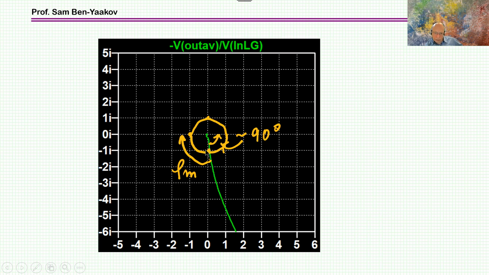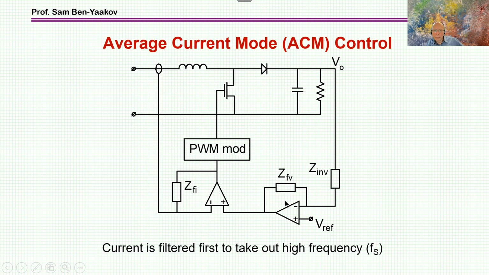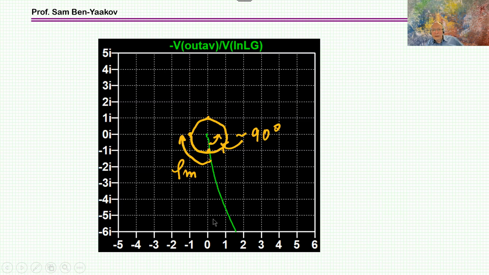And we see it's getting at 90 degrees, so the phase margin is indeed 90 degrees. Everything is fine and good. And if the encircling would have been like this, then of course, this would have been an unstable system. So this is what I can do with the peak current mode with the time allowed.